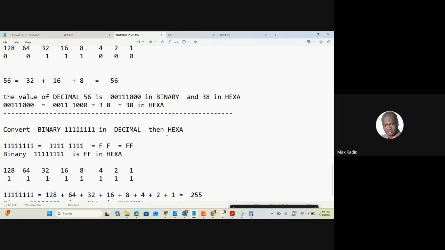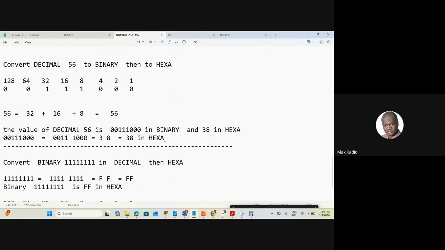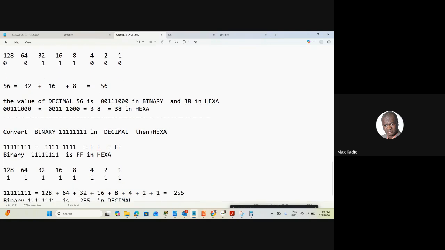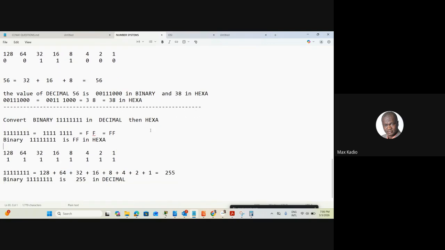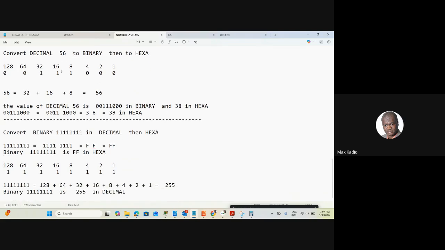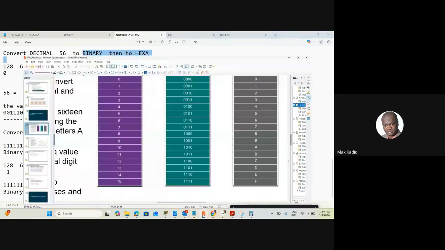So for those who logged on late, we are doing a revision from the questions I asked you for your homework. So we started with convert decimal to binary. Anything related to decimal to binary, you take your table. Anything binary to hexa, it's this conversion table.